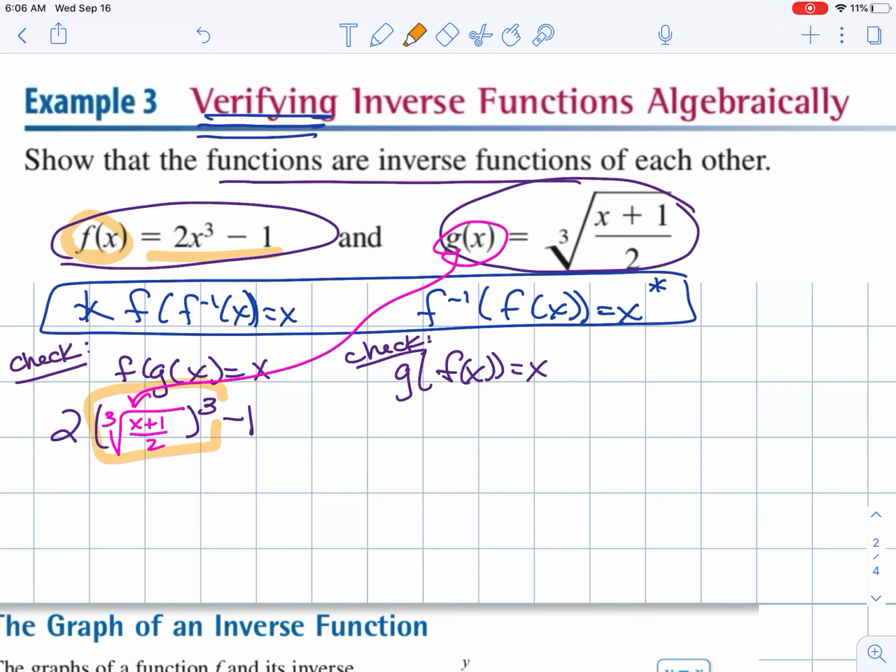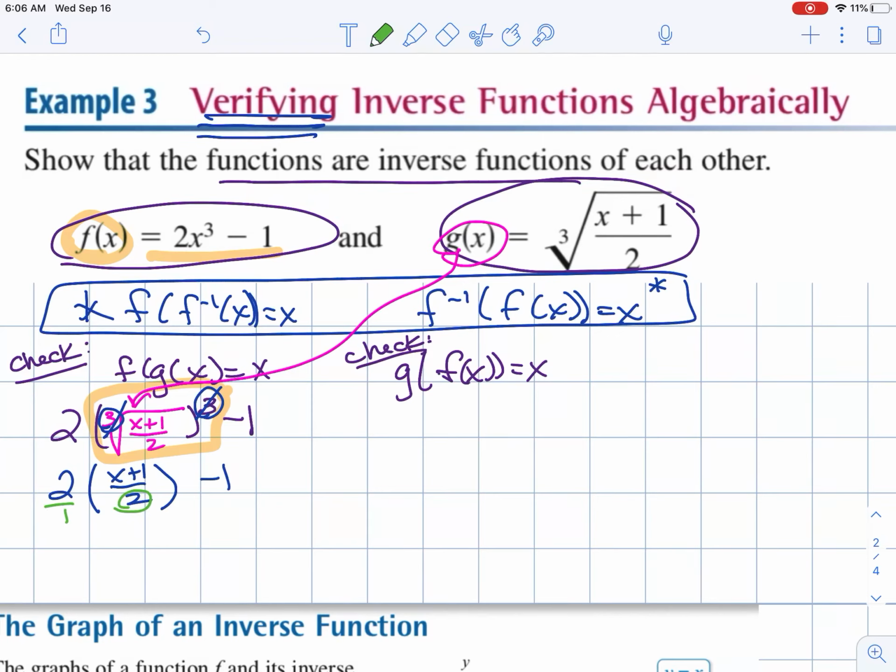So I'm going to do the inside of the parentheses first, which is right here. I know that this cube and this cube root are going to cancel each other out. So I'm left with 2 times (x plus 1) over 2, all minus 1.